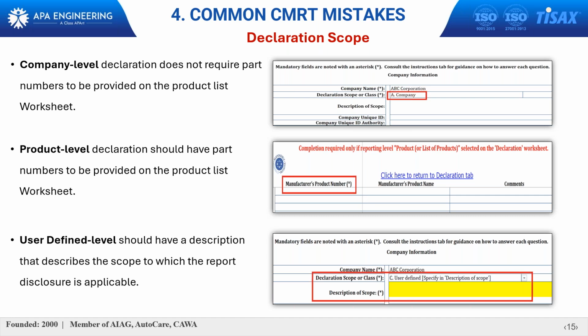It's also mentioned there in the template: completion required only if product level scope is selected. And if you select user defined level, it should have a description that describes the scope to which the report is applicable. For example, you can say that the declaration applies to one particular location of your organization. Next slide.